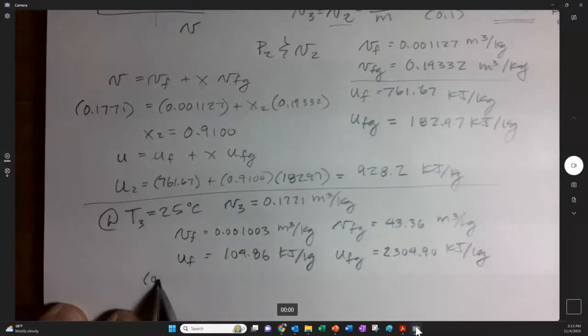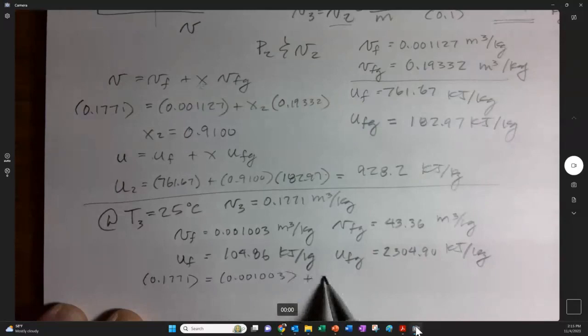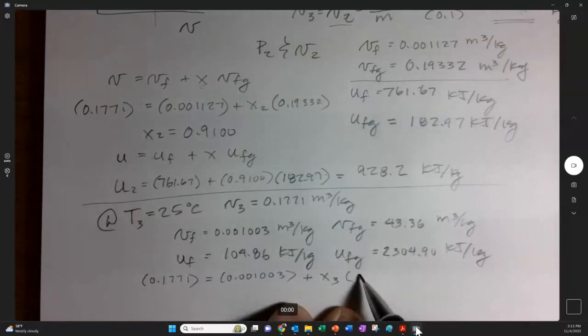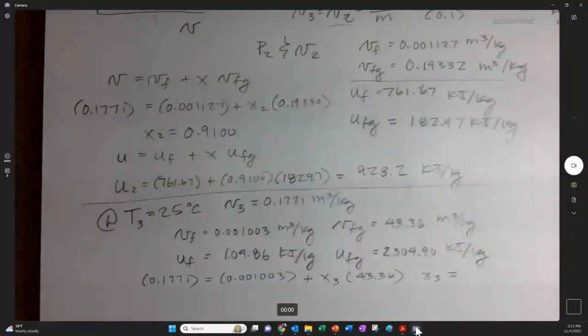So we'll write out that 0.1771 is equal to 0.001003 plus x3, call it, times 43.36. So x3 is probably going to be a pretty small value. It's going to be smaller.